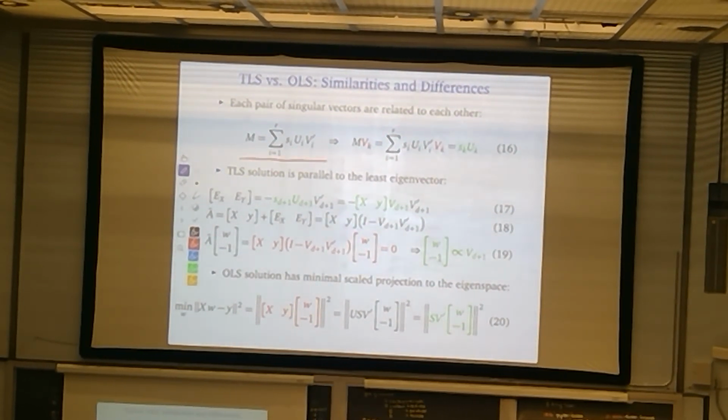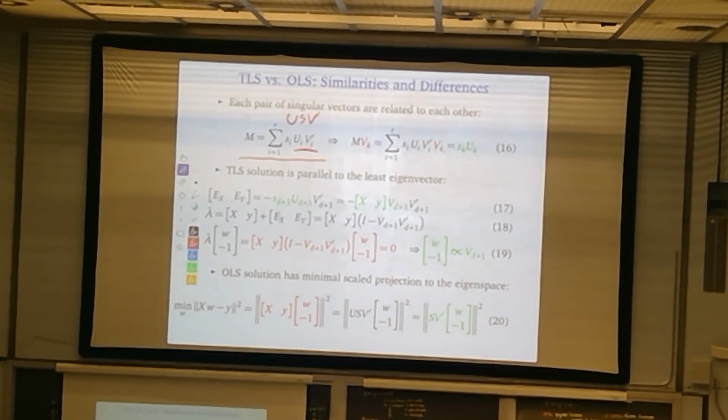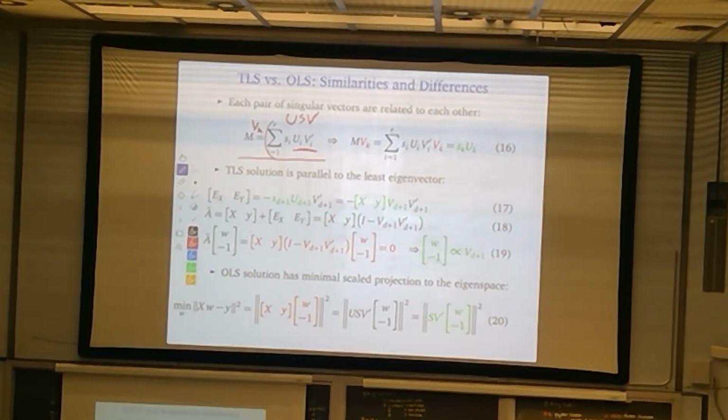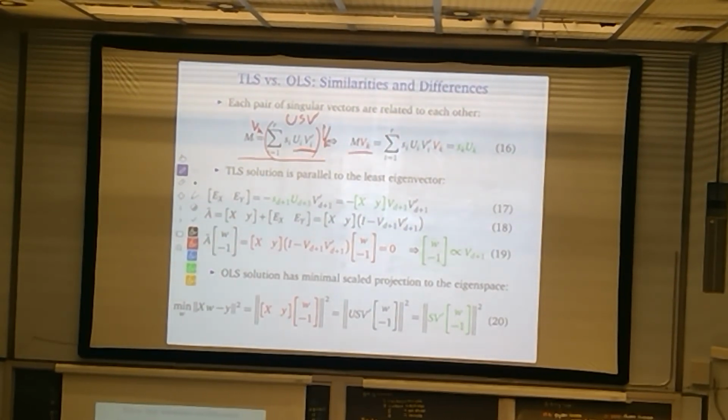Let's say M is a matrix with a rank of R, so it can be decomposed into USV transpose. If I write it out in the summation form, it's essentially each outer product between U_i, V_i, multiplied by S_i. So if I multiply this equation by V_k on both sides, what do I have?